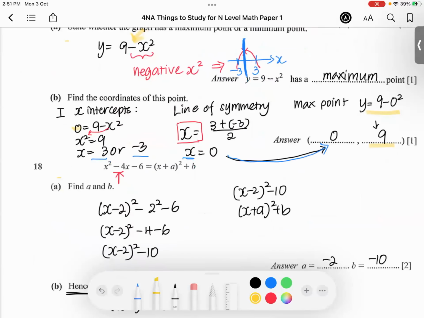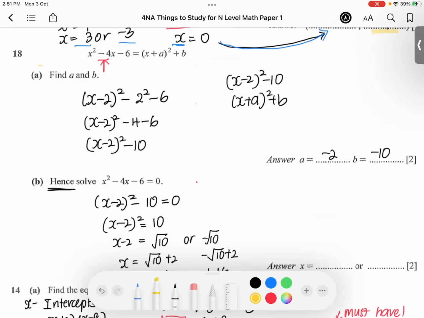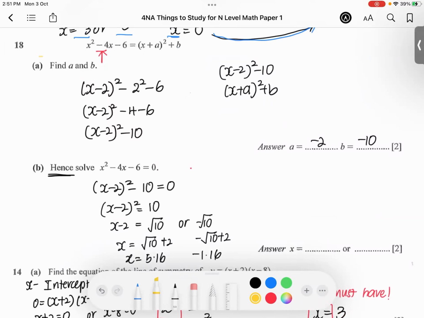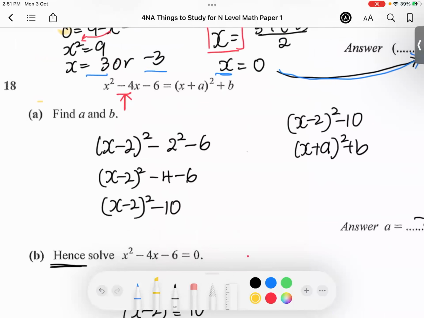Okay, next question related to quadratic, but not the graph itself. This is so standard. Like I say, the 4 points, 4 marks, you must know how to do completed square form. Okay, why did I choose this question again? Just to highlight. You notice the question over here is minus 4x, but here is plus. Then sometimes students get confused.